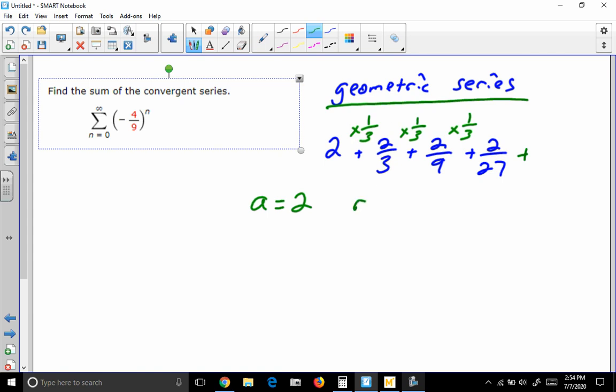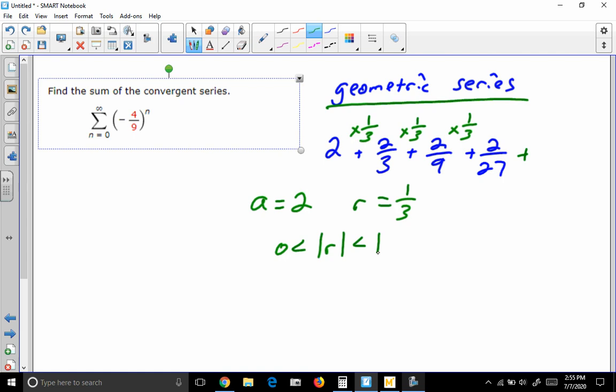R is the ratio that we're multiplying by each time. And this converges as long as the absolute value of R is between 0 and 1. Think about it: if R is between 0 and 1, then we're multiplying by a fraction that's going to make us get smaller and smaller. If we multiply by 1, we keep the same number each time.